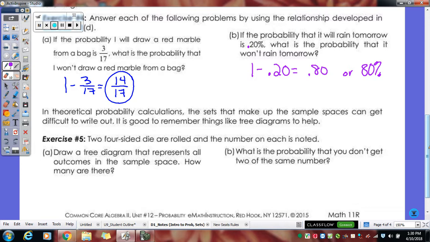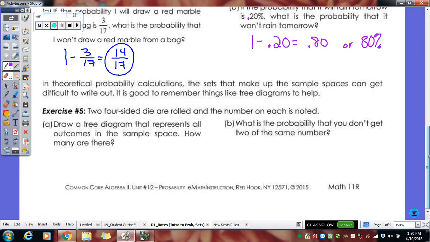So in theoretical probability calculations, the set that makes up the sample space can get difficult to write out. It's good to remember things like tree diagrams to help you. They want us to draw a tree diagram to represent the sample space of rolling 2 4-sided dice, and figure out how many outcomes there are.